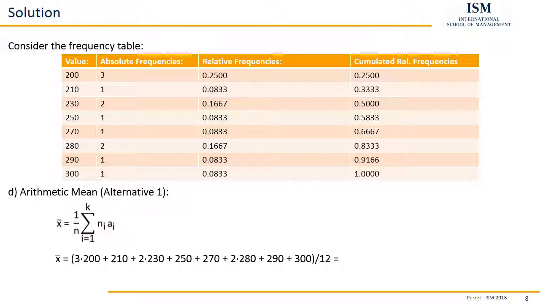Well, this is slightly less than what we did in the part before. However, this approach only pays off if you have a large number of values with absolute frequencies larger than 1. So here we only have 3 values with an absolute frequency larger than 1, and then we only have absolute frequencies of 2 and 3.